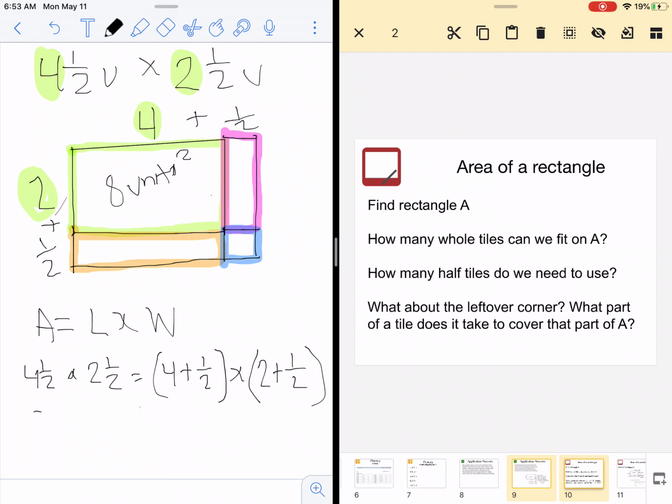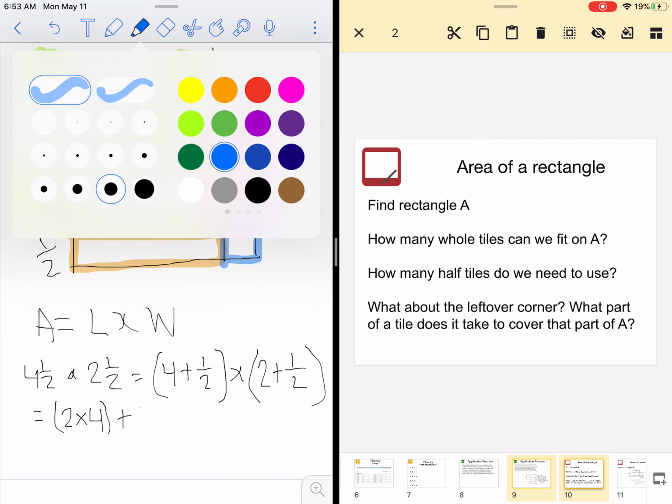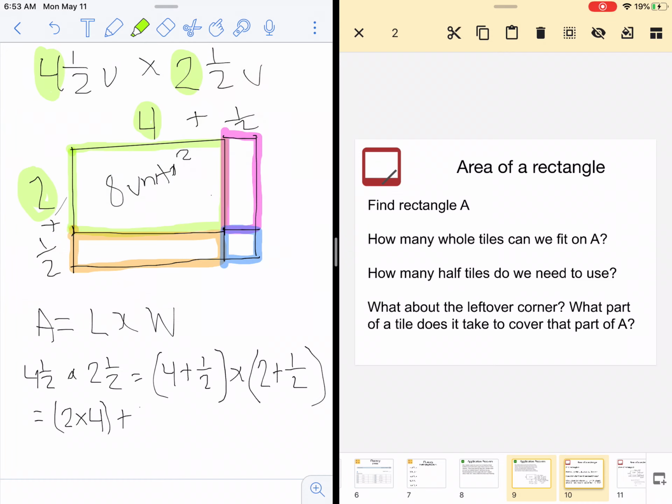Okay, equals. So we just did the green, which is 2 times 4, plus, and I'm going to highlight that in green. That's the green. Plus, now let's do the pink square.